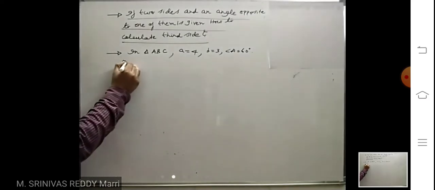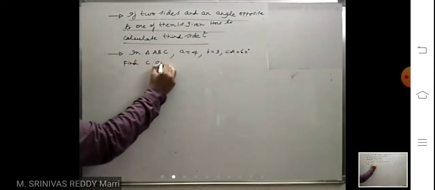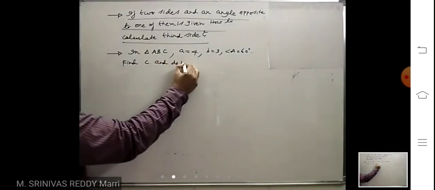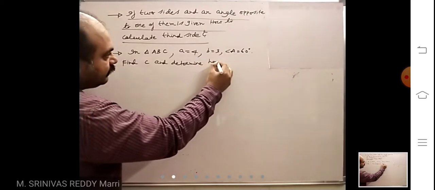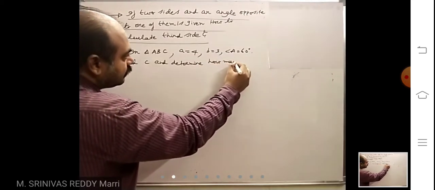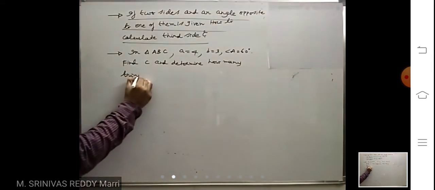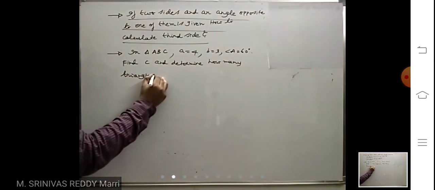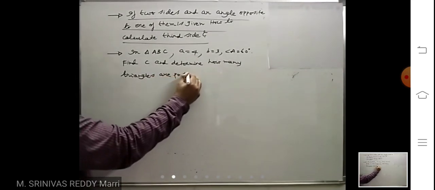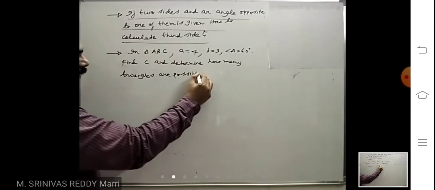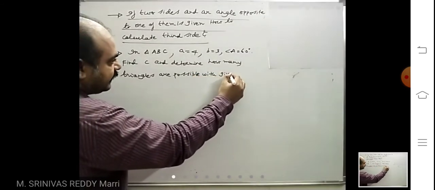Find c and determine how many triangles are possible with the given data.